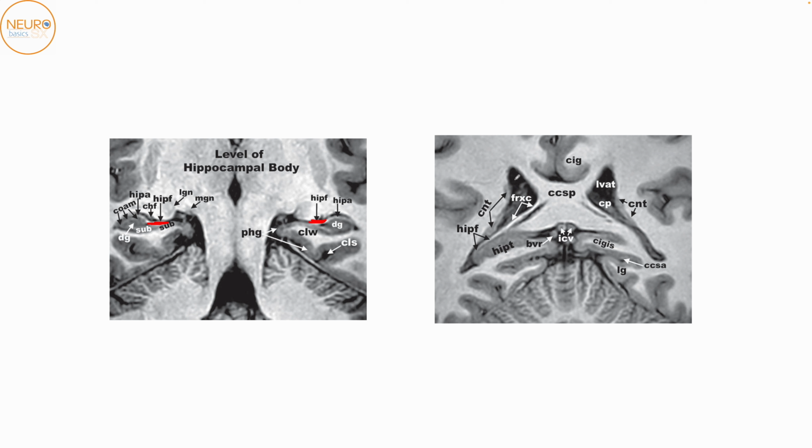Okay, and this is at the level of the atrium, finally you get the hippocampal tail. So this gray matter structure at the ventricle will be the hippocampal tail. You can make out the hippocampal fornix over here. This here is the hippocampal fornix also. These are the fornix columns on both sides.